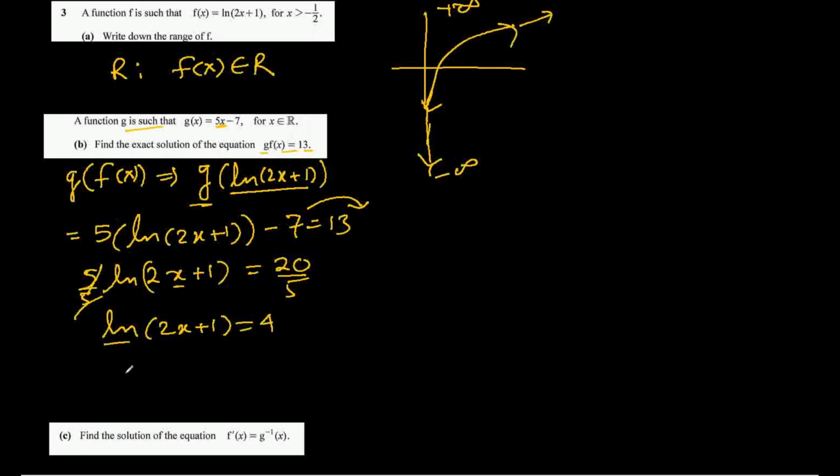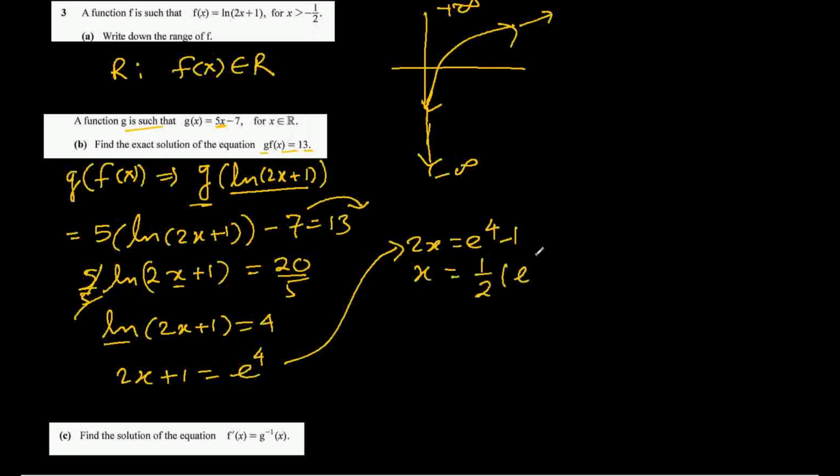Now if we remove ln from here, it means 2x plus 1 here, but the other side becomes e to the power 4. So 2x equal to e to the power 4 minus 1, and x equal to half of e to the power 4 minus 1, and they're saying exact solution, so we got the exact solution for this.